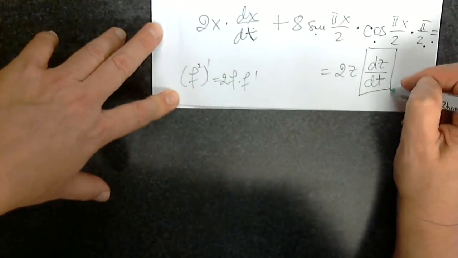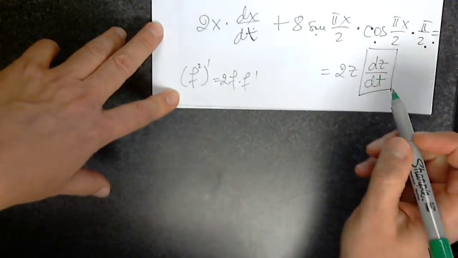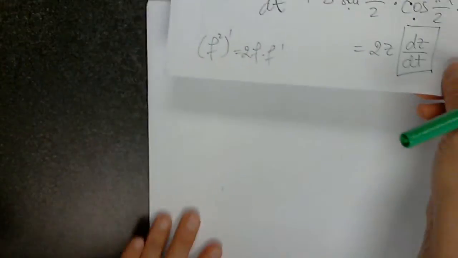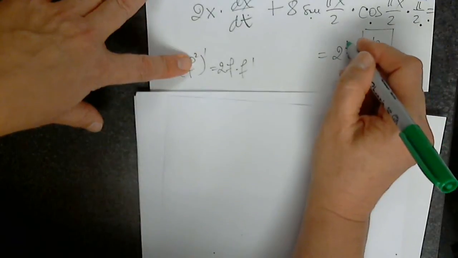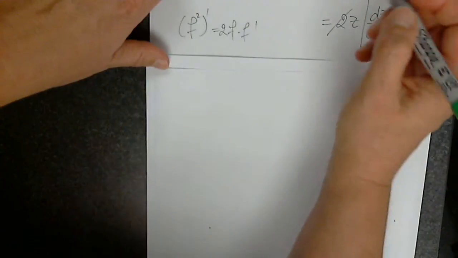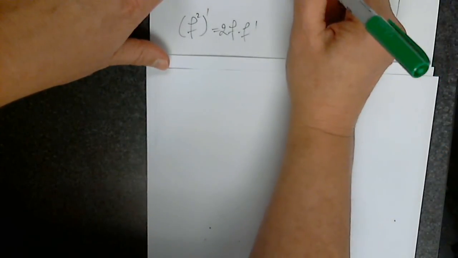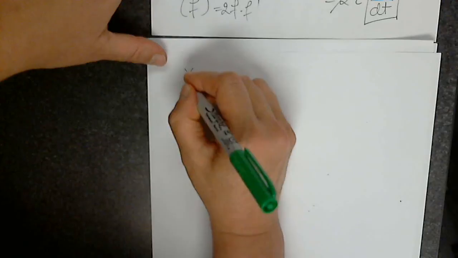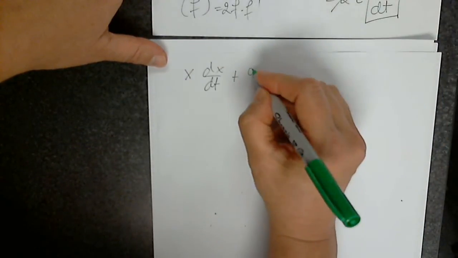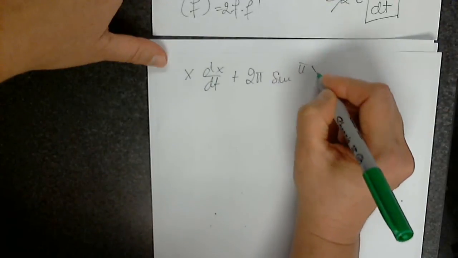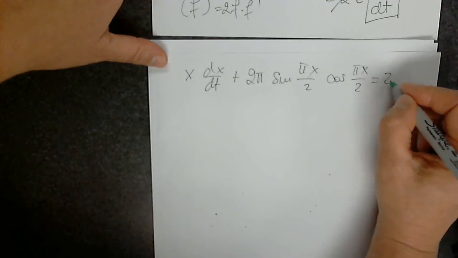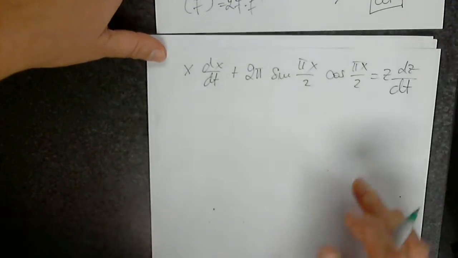I'm after this. I will divide both sides by 2 to eliminate this 2. I have 3 terms, and I'll simplify this by 2, this by 2, and this by 2. And I will further simplify this and this. So, x dx over dt plus 2 pi sine pi x over 2 cosine pi x over 2 equals z dz over dt.